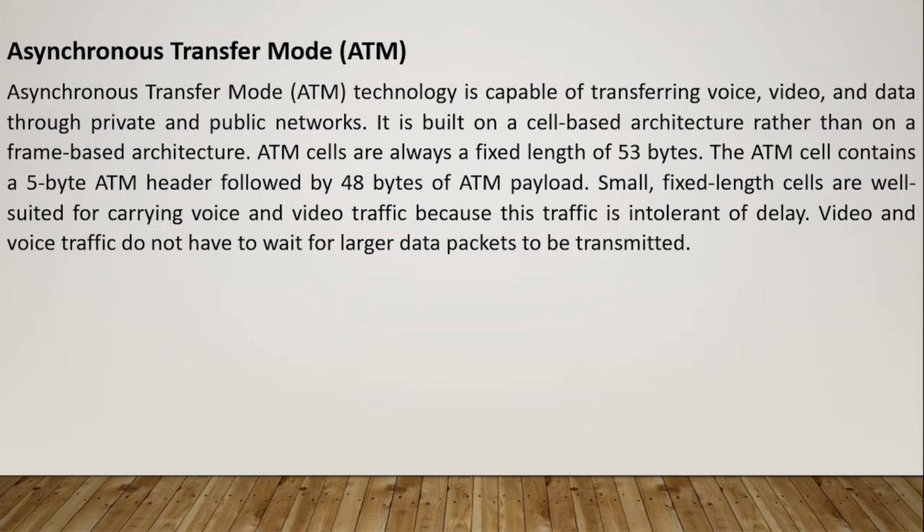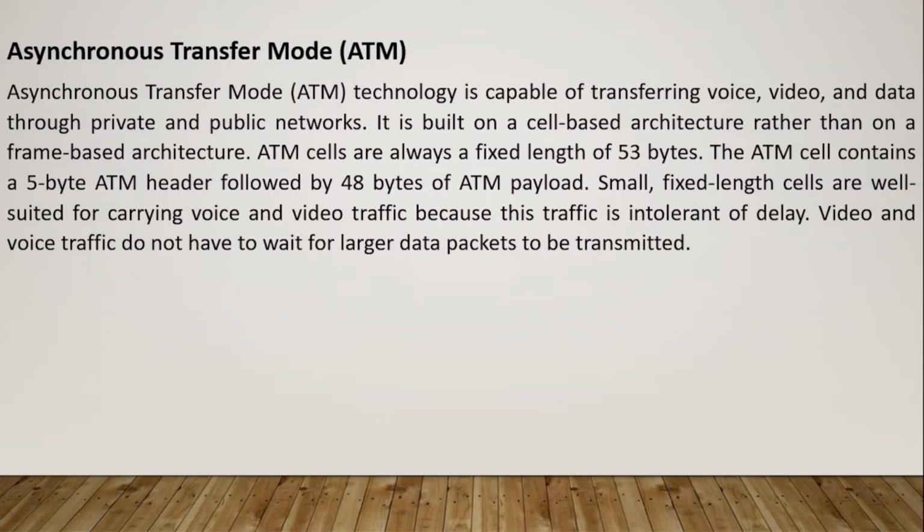Small fixed-length cells are well suited for carrying voice and video traffic because this traffic is intolerant of delay. Video and voice traffic do not have to wait for larger data packets to be transmitted. The 53-byte ATM cell is less efficient than the bigger frames and packets of frame relay.